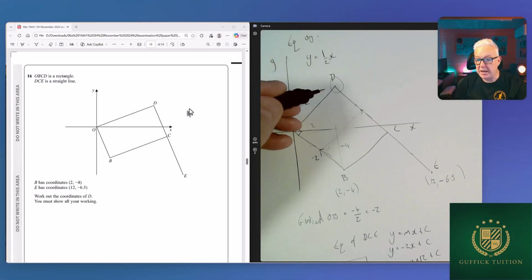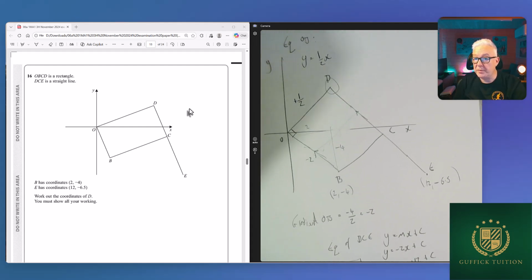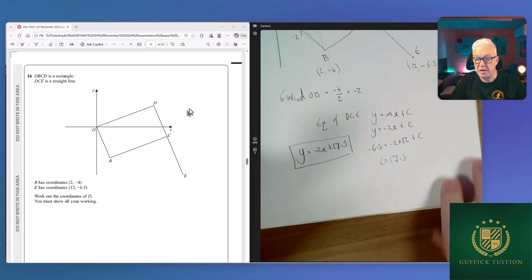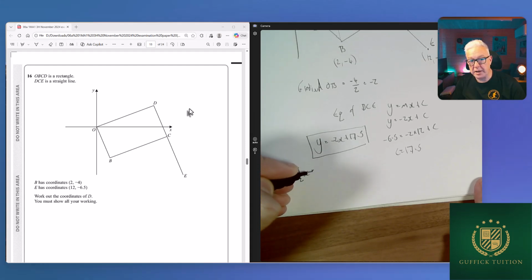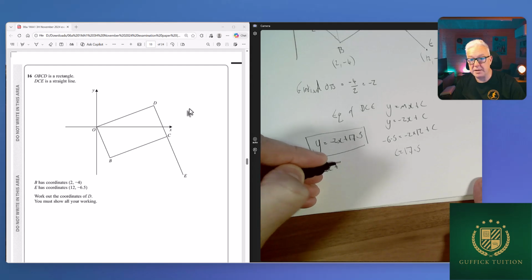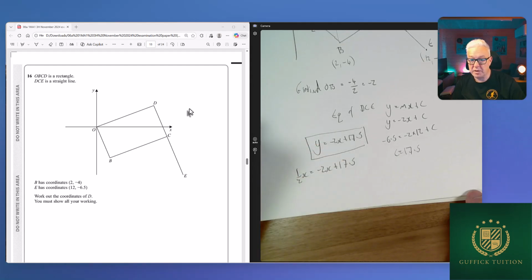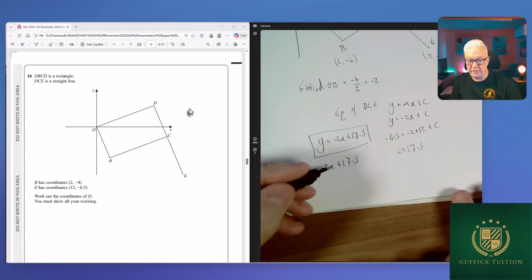Now the point D is where this line and this line intersect. So we've got to put them equal to each other and solve. So we need to say that 1/2x, which is the line equation of OD, is equal to -2x plus 17.5. Okay, and we've got to solve this for x. So 1/2 add 2 is going to be 5/2.